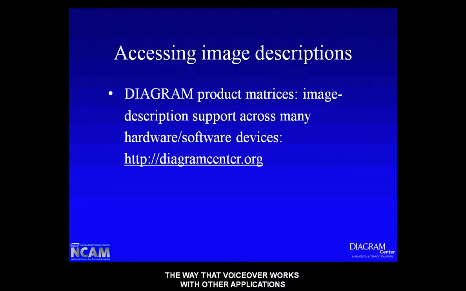The way that VoiceOver works with other applications besides web browsers or email clients is largely dependent on how the app itself was coded, how it was authored. Apple offers a lot of information, a lot of resources for creating accessible iOS apps. The reason that Read2Go has its own text-to-speech engine is because that's how many DTB readers work, is that they come basically as complete book reading packages.